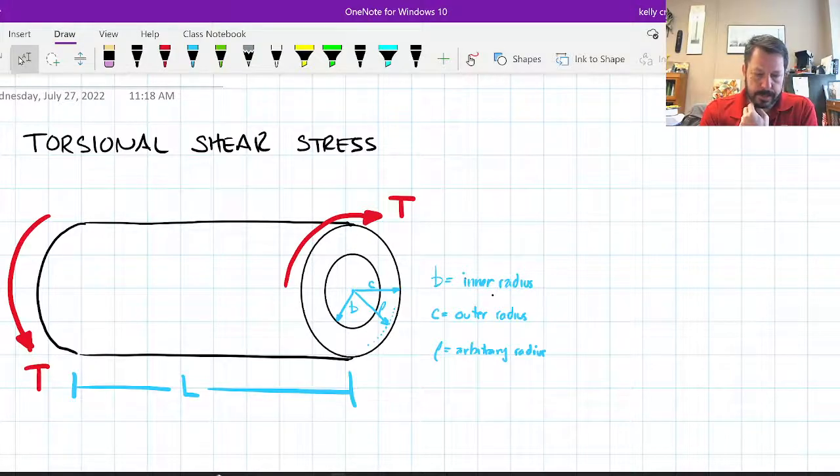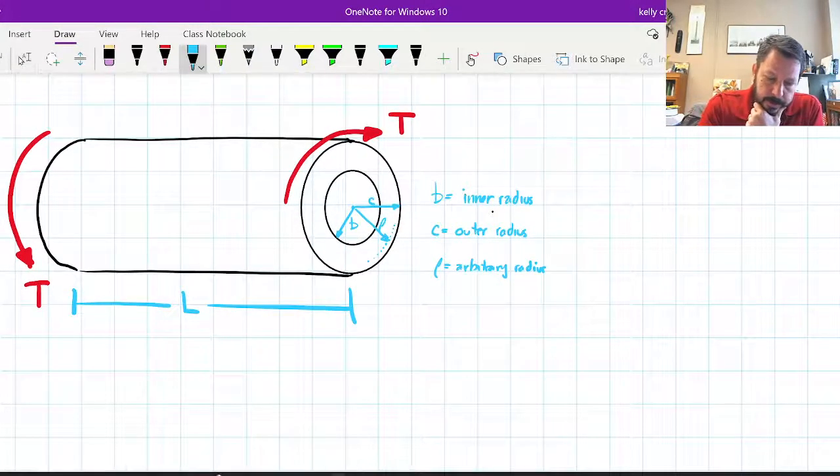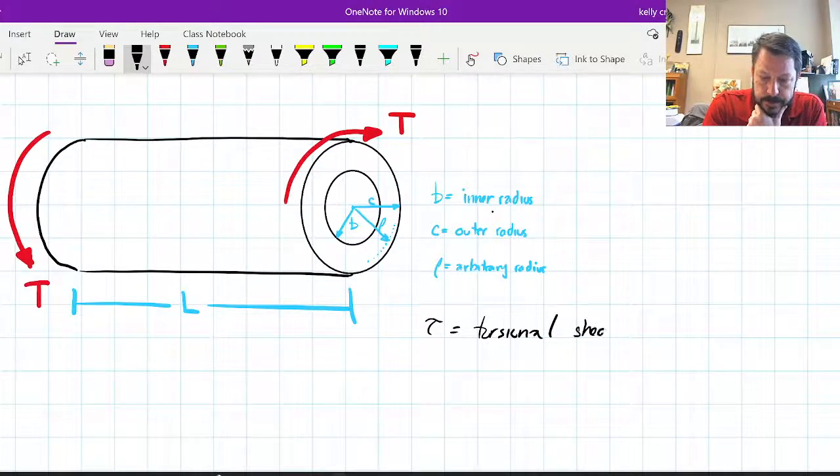What else do we need? We've got our torque that's going to create a shear stress, right? So the shear stress, I can write this down. Tau will be the shear stress, torsional shear stress, or shear stress due to torsion or torque.